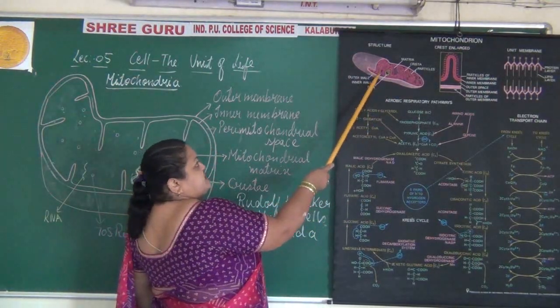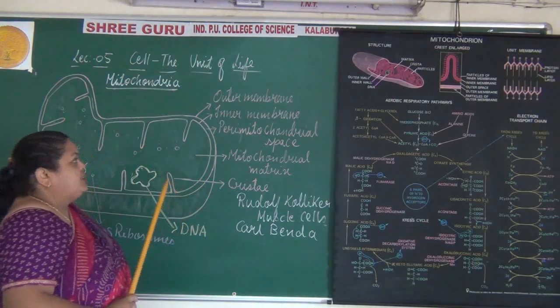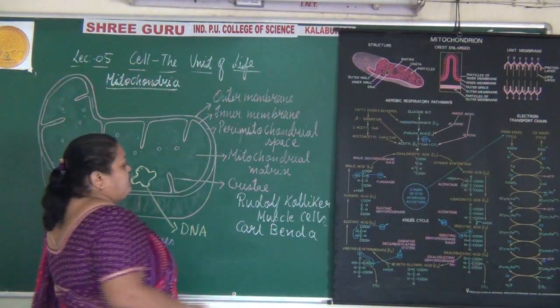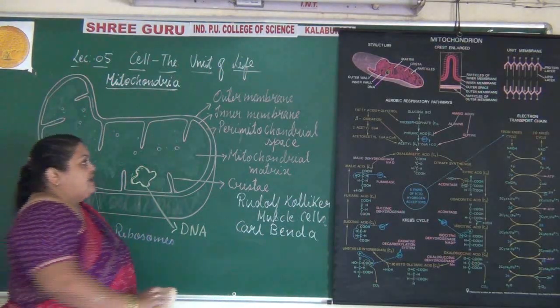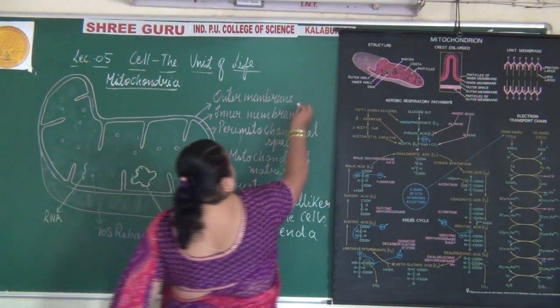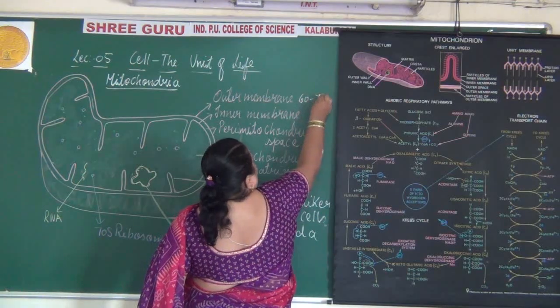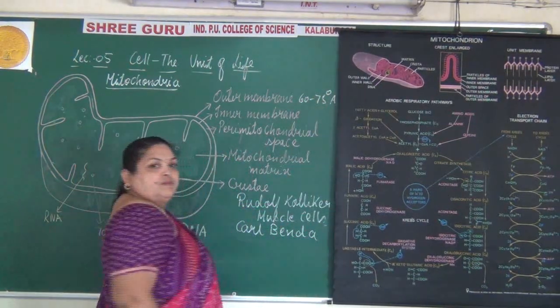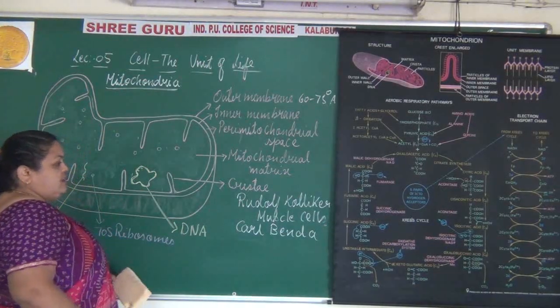The expanded figure is being drawn on the board. The outer membrane of the mitochondria is around 60 to 75 angstrom.